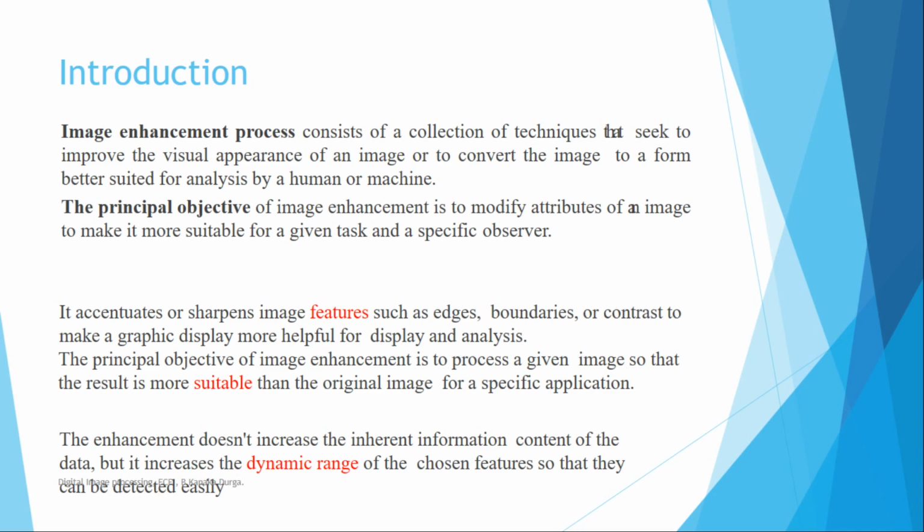So for that type of images also, we can apply the enhancement process in order to improve the quality of the image. If we improve the quality, we are able to find the boundaries. By observing the boundaries, we can identify this is object 1 and this will be object 2.